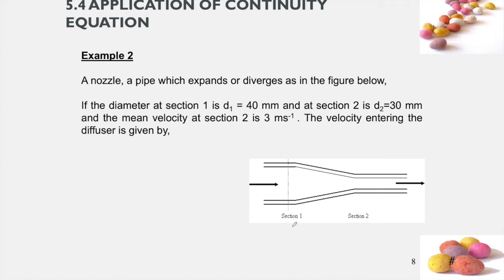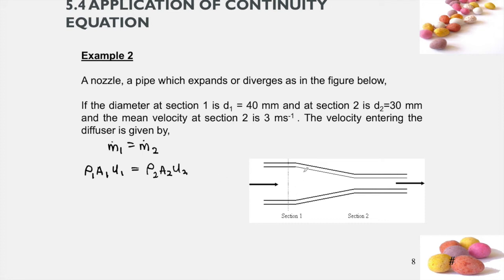In this example, we are required to find the velocity entering the diffuser. From the continuity equation, mass flow rate at point 1 equals mass flow rate at point 2. So rho 1 A1 U1 equals rho 2 A2 U2.